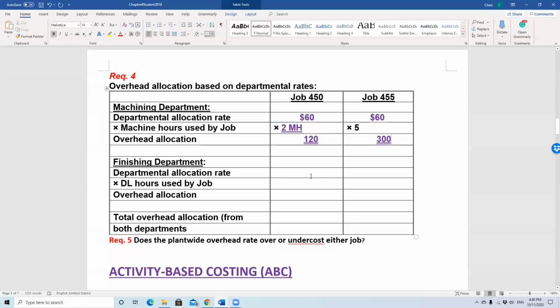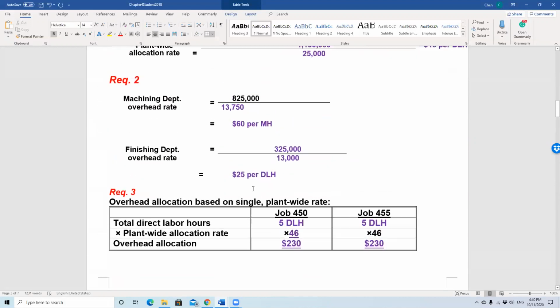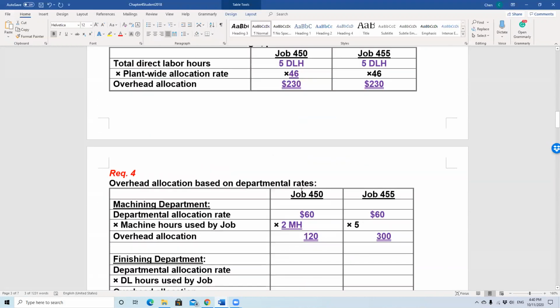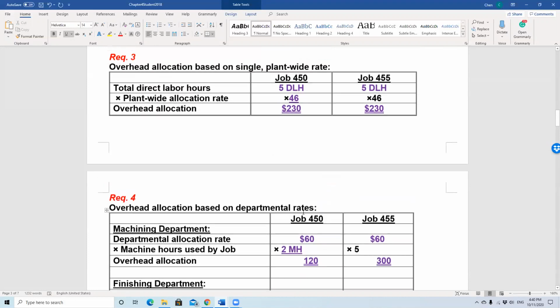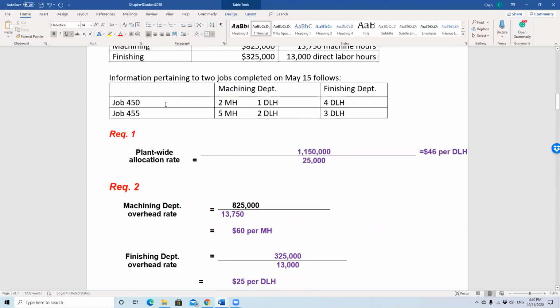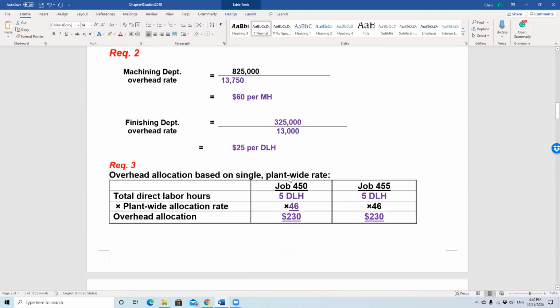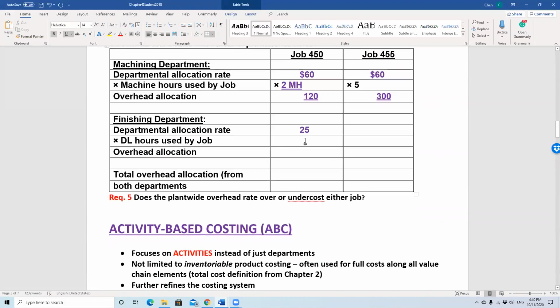And the finishing department, the departmental overhead rate is 25. And then direct labor hours used by job 455 is 2.